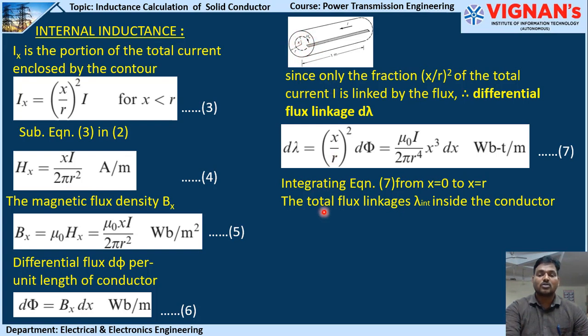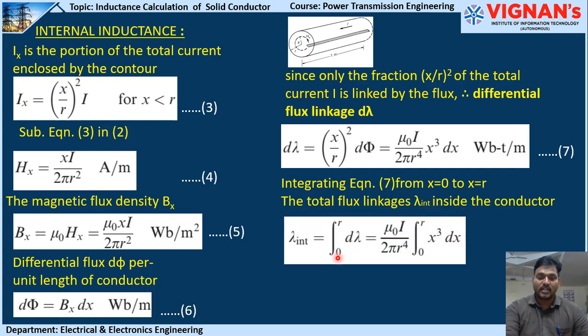So the total internal flux linkage lambda internal is obtained by integrating equation number 7 from 0 to r: mu naught I by 2 pi r power 4 integral 0 to r x cube dx.